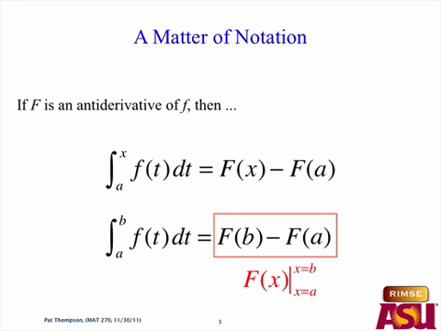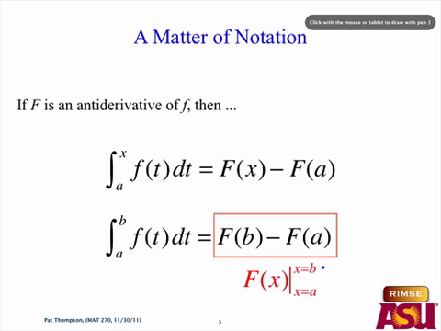So this expression right here, we have a short form for it, a convenient way to write that. If we don't want to calculate the actual value, but we want to express it, and we don't want to write out this difference, we can express it this way. It's the function evaluated at b, and then evaluated at a, and subtract.